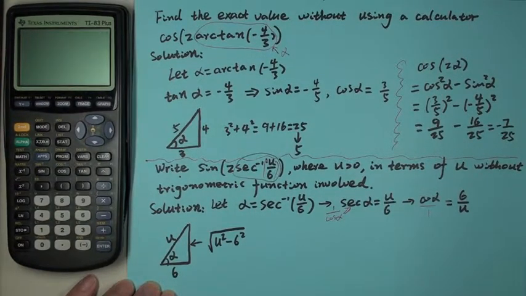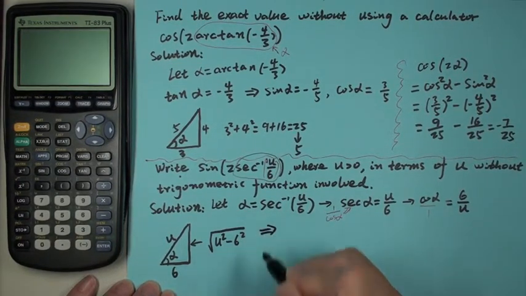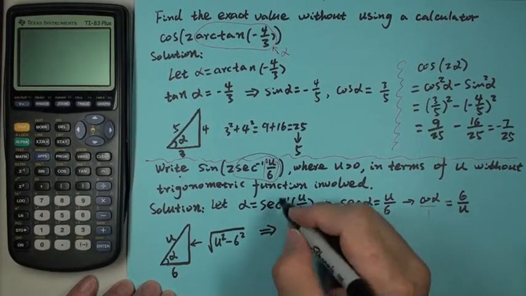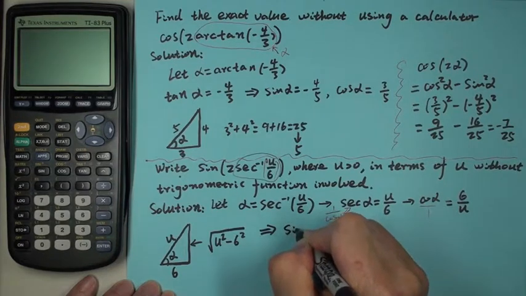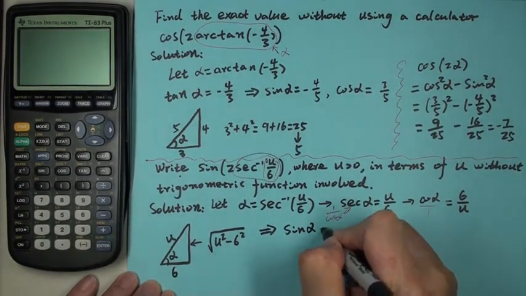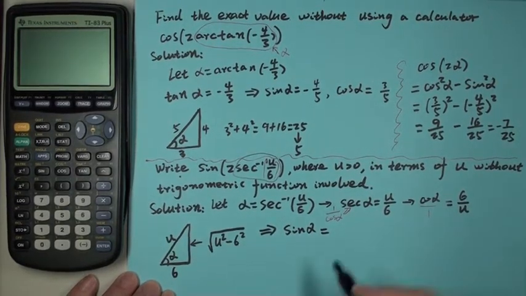Alright, now from here we then get what? You can get whatever you wanted. For example, here we can get sine alpha. That will be opposite side over hypotenuse.